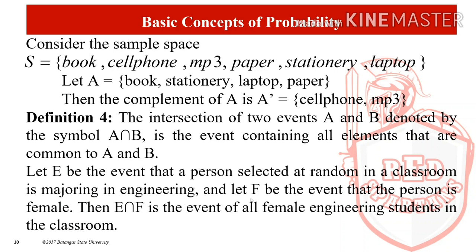And let event F be the event that the person is female. Meaning, yung intersection natin ng event E and F is the event of all female engineering students in the classroom. So, yun yung ating E intersect F.